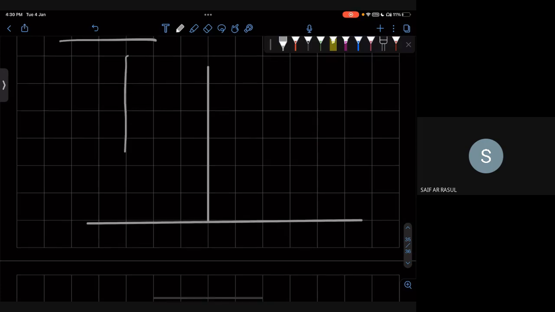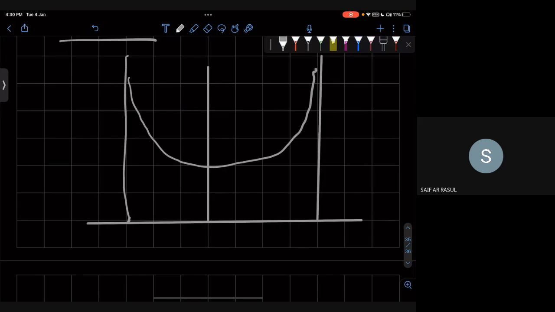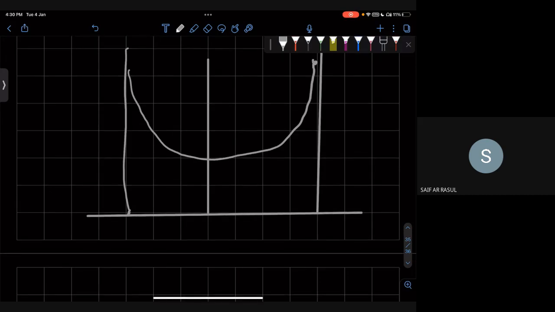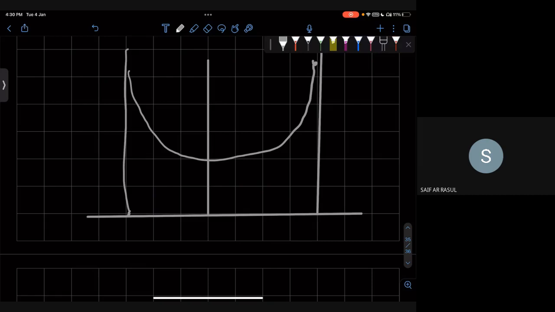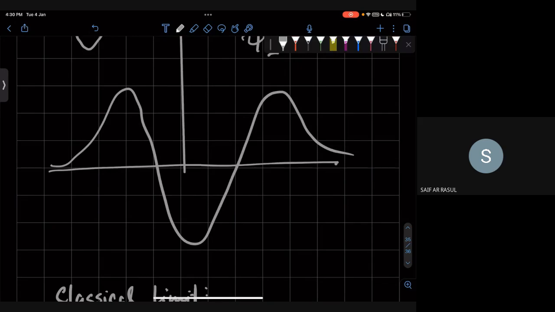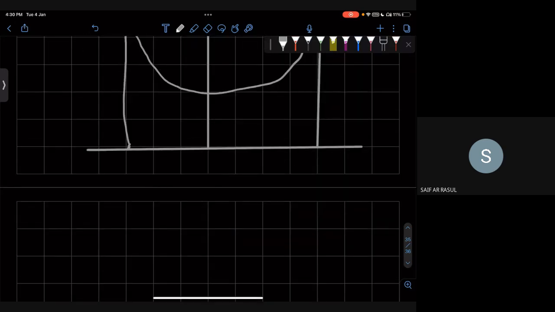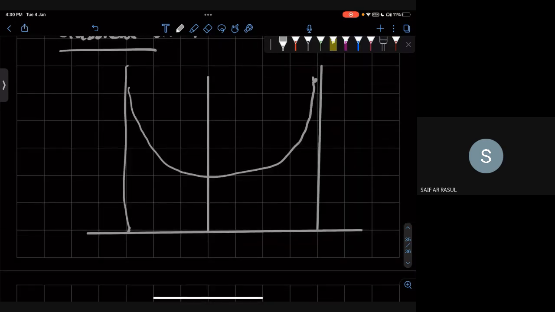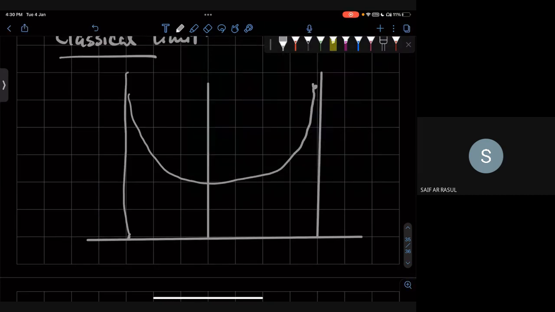If this is like the boundary, then you can actually figure out where the harmonic oscillator particle spends most of the time. This is going to be the probability distribution for the classical harmonic oscillator. And if I look at very high values of n for the quantum harmonic, so this is classical, okay? This is the classical probability distribution.